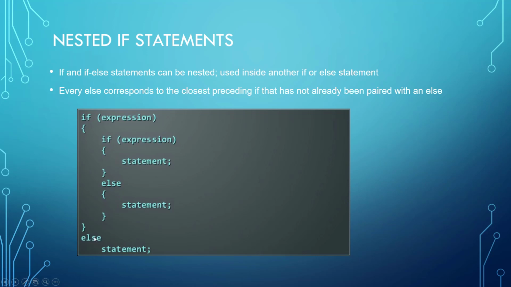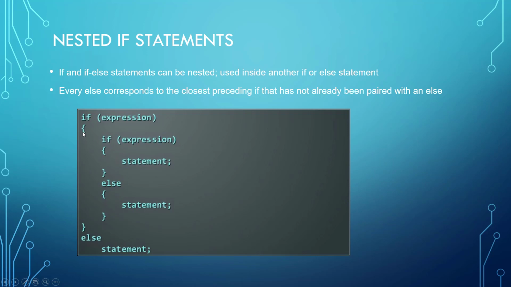This else down here is paired with this if. And so every else corresponds to the closest preceding if that's not already been paired with an else. So this if has already been paired with this else, so this else is paired with this if.